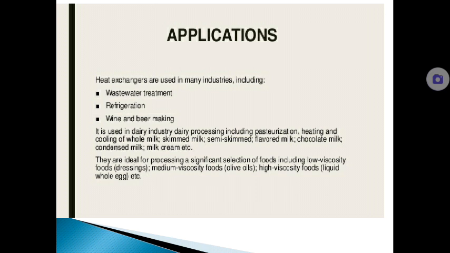Then in the dairy processing industry, it is used for pasteurization and for heating and cooling of milk, as well as different kinds of milks like whole milk, semi skimmed milk or skimmed milk, flavored milk, chocolate milk, condensed milk, then milk cream. For handling these kinds of dairy products, this kind of heat exchanger is also used.